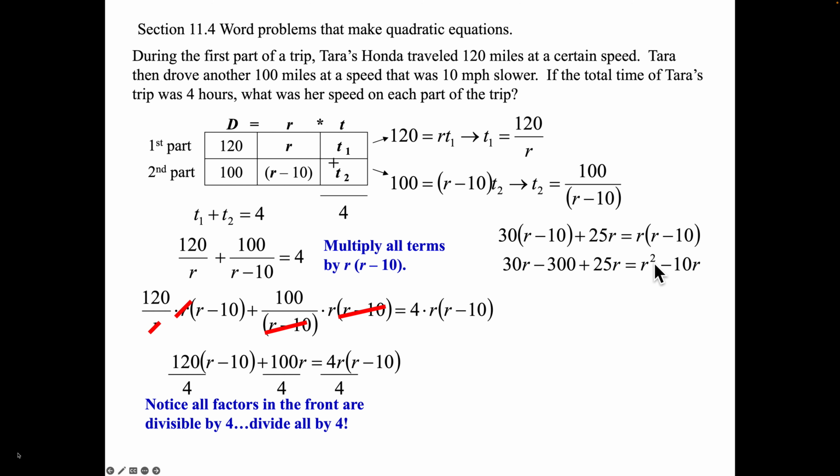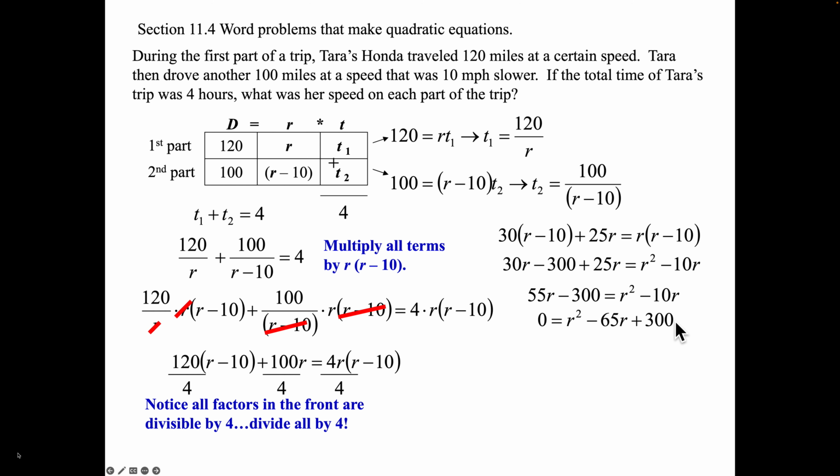Here your R squared is positive, so let's combine our like terms. 30R plus 25R is 55R, and now we're going to move these two terms over to the right side because we want to keep R squared positive. So negative 10 minus 55 will be a negative 65R. Add over the 300.